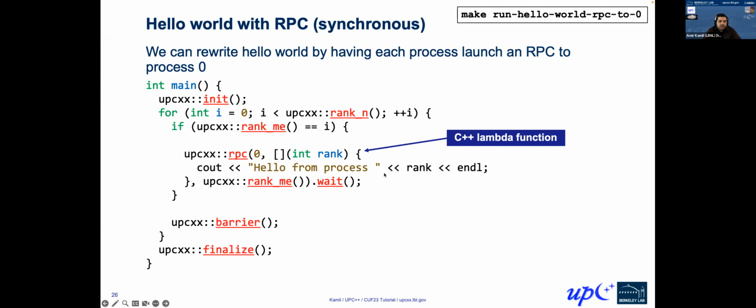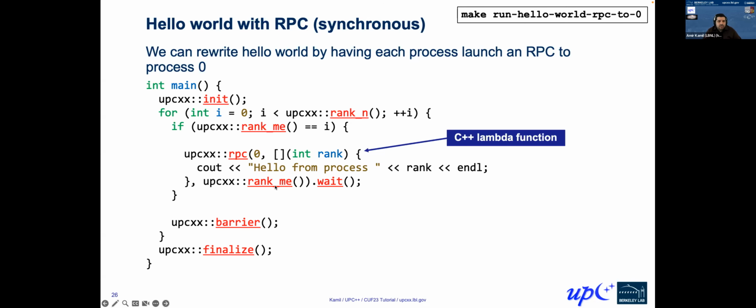In this case, our lambda function is just doing a printout. But what it's actually printing, aside from the normal hello from process, is the rank of the initiator. That's taken as an argument in this function, and we provide it as an argument when we launch the RPC.